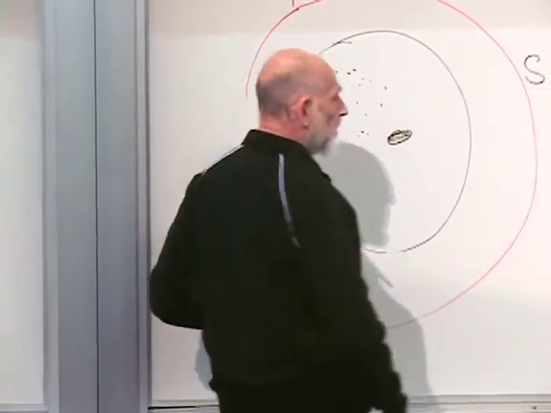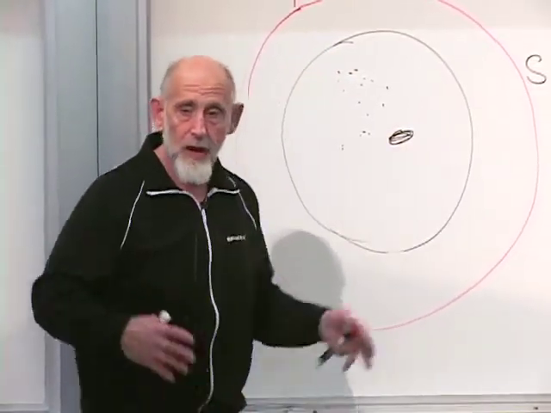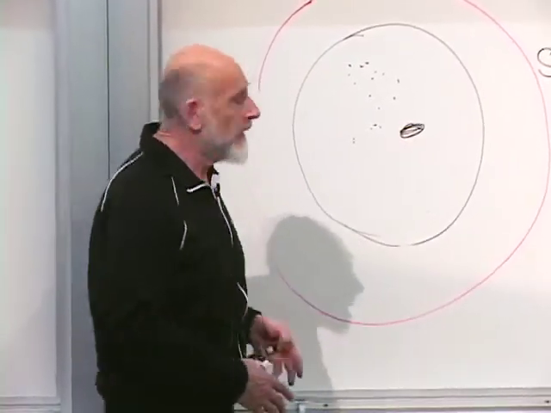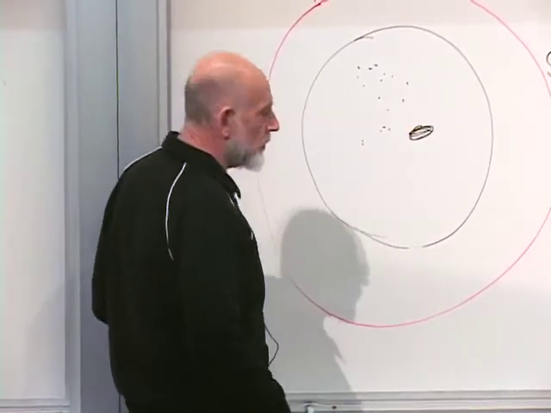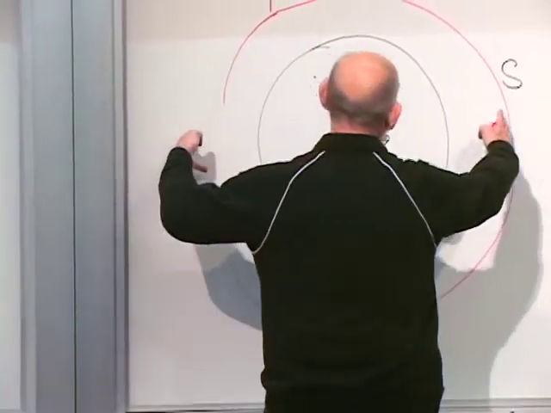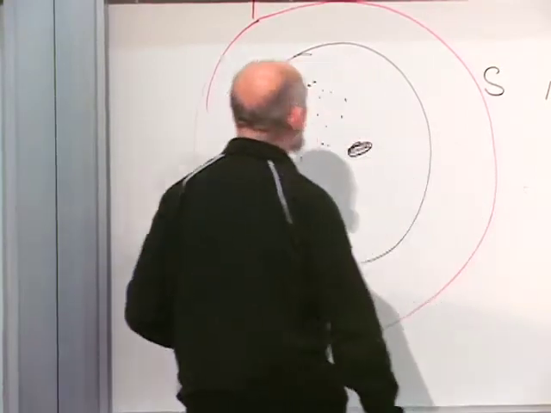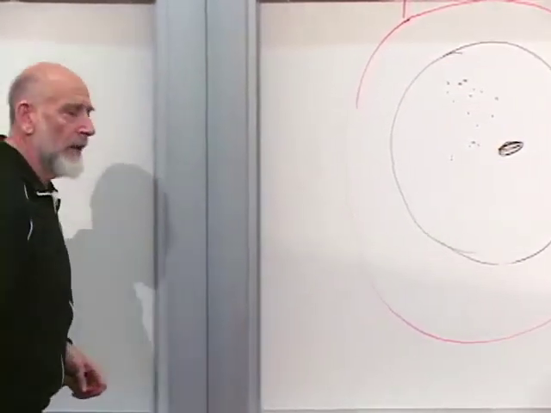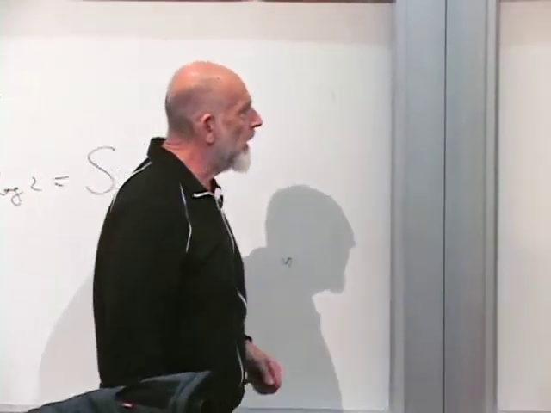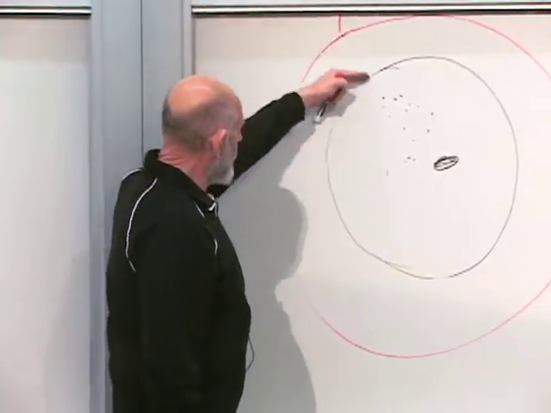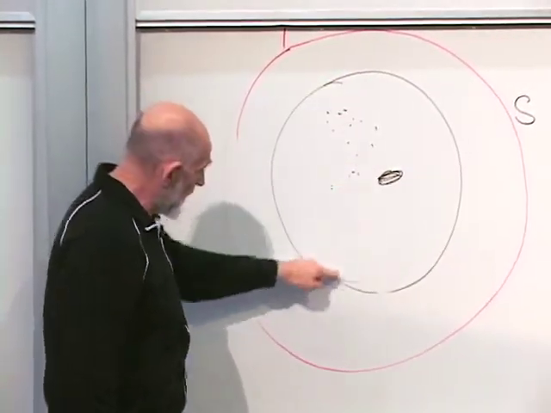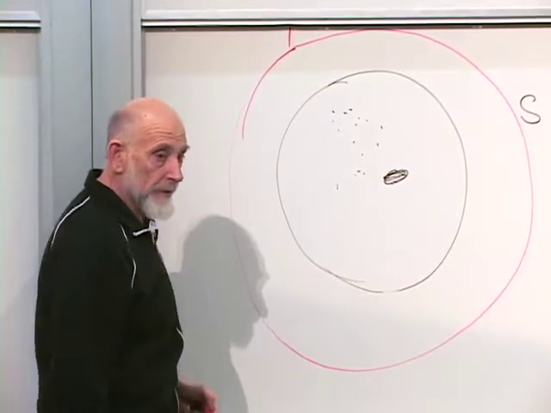And now imagine either that it's by its own right heavy enough to fall in, or we give it enough of a push to make it fall in, and it falls in, so that it crosses this region.